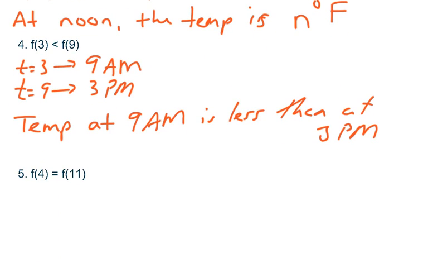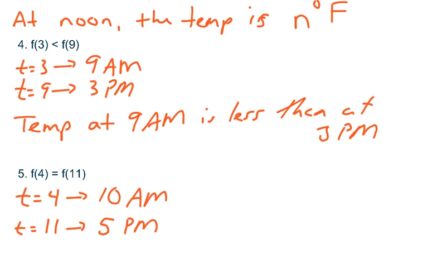Okay, and then number 5 here, f of 4 equals f of 11. So if t equals 4, that's 4 hours after 6 a.m., that would be 10 a.m. And t equals 11, that'd be 11 hours after 6 a.m., that would be 5 p.m. The equation says that they are equal.